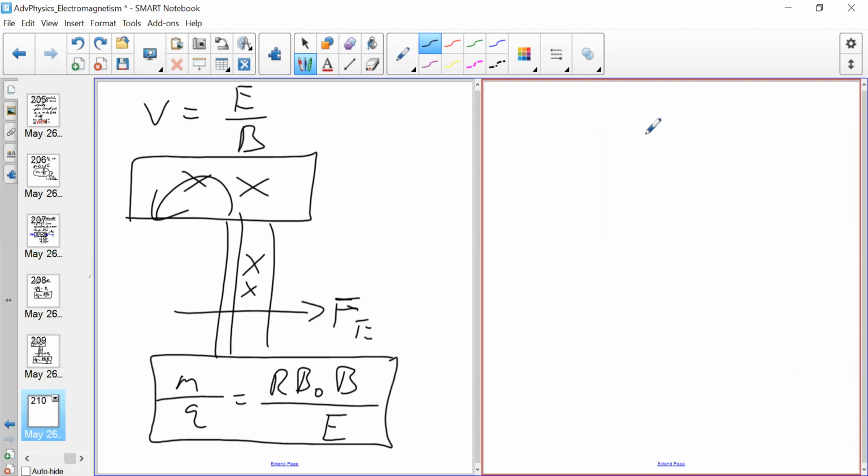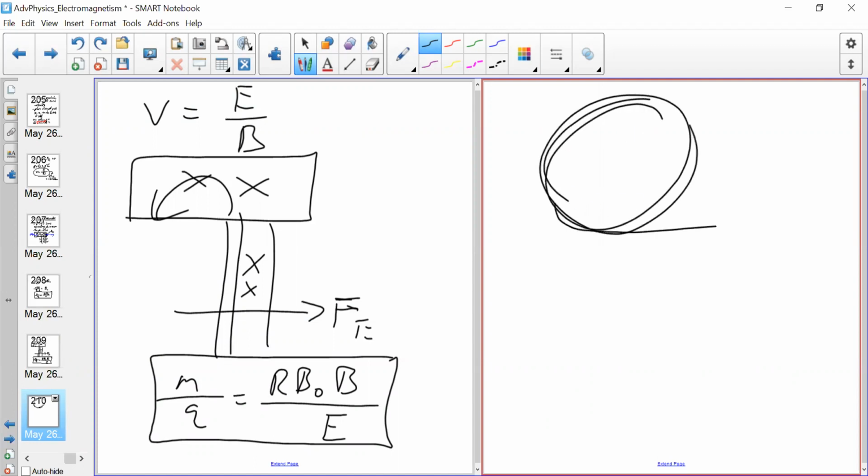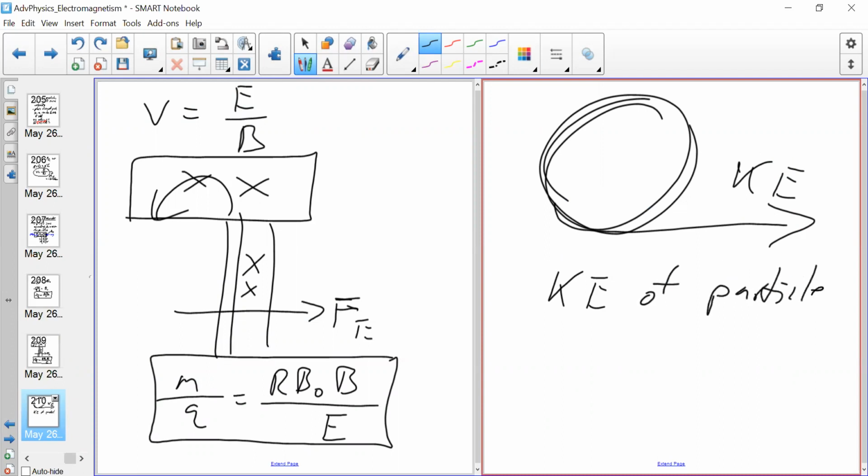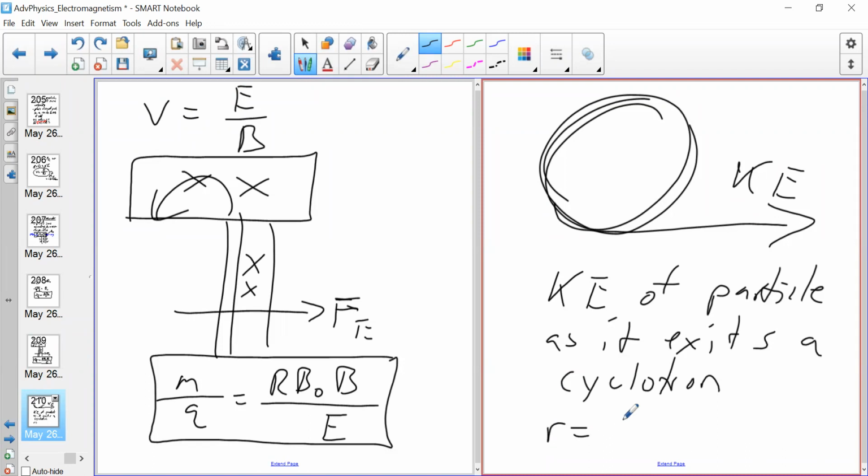Okay, so let's say we have a cyclotron particle spinning around and we want to shoot it out. Can we determine the kinetic energy? We can. The kinetic energy of the particle as it exits the cyclotron: we know from the cyclotron radius formula that we can figure out the speed.